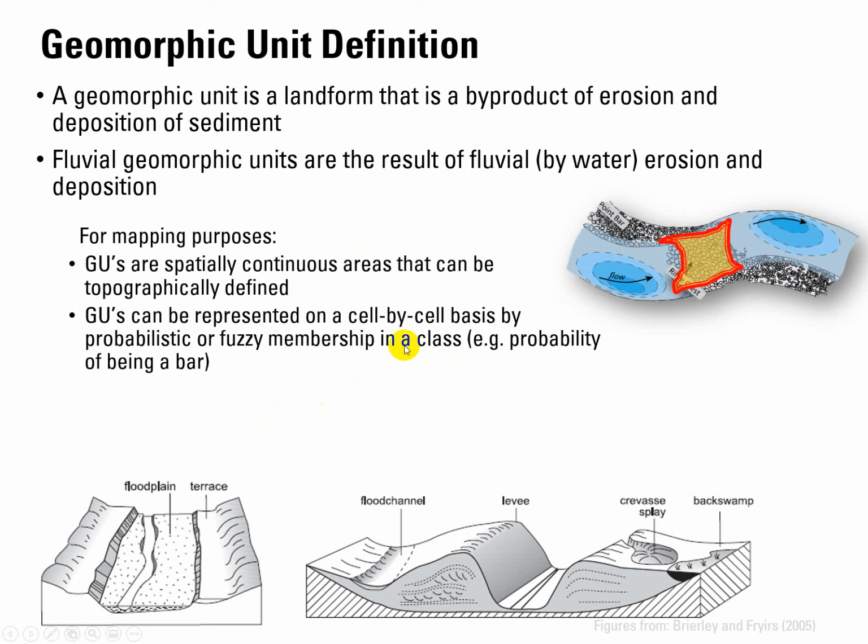You could, if you want, let those be fuzzier boundaries if you wanted to define membership in the riffle class or membership in the point bar class as a probability, right? And so the probability might be high or 1 right here in the middle, but then out towards the edges.